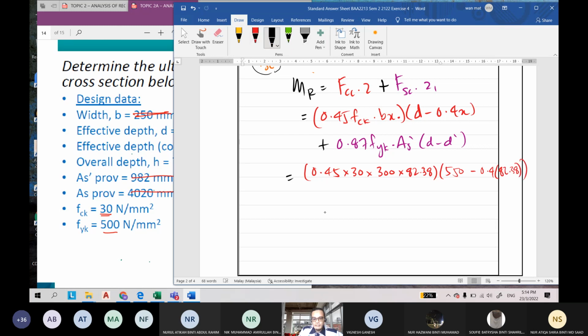And then plus 0.87 times 500 times 804 times 550 minus 50. D is 550, D prime is 50. So what is the value?